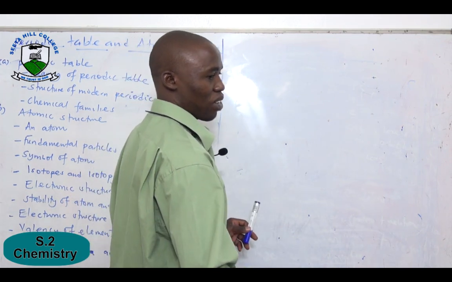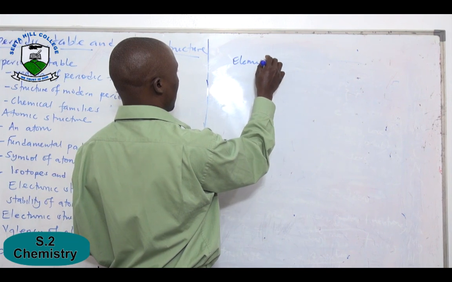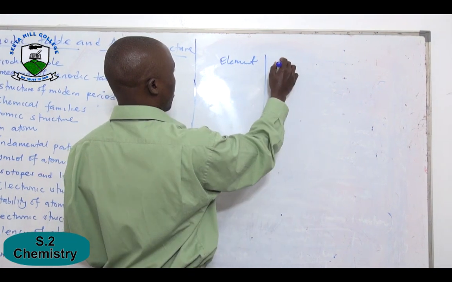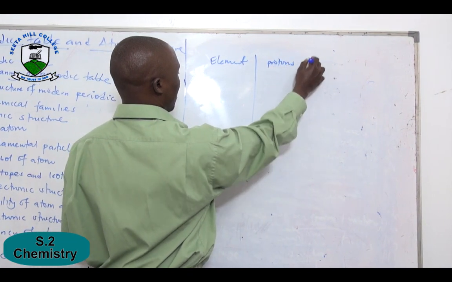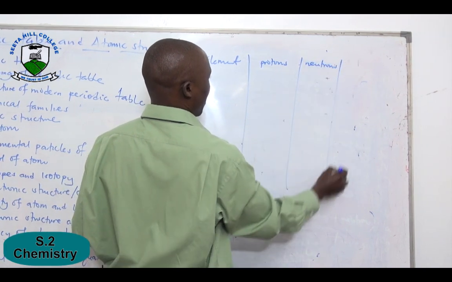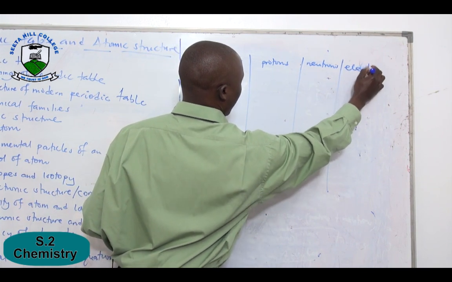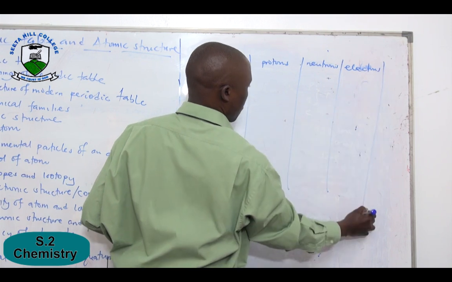Now you will have that assignment. First 20 elements: protons, neutrons, electrons, then the mass number.